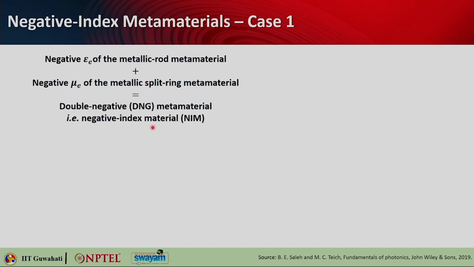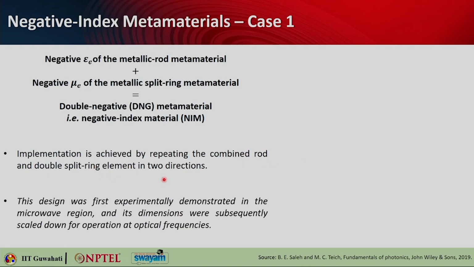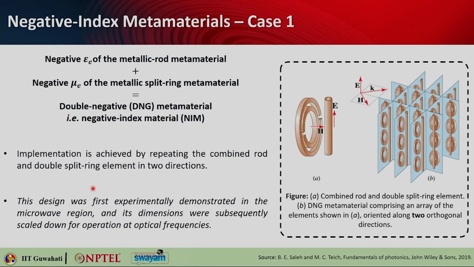DNG metamaterials are also called negative index metamaterials or NIM. The implementation is achieved by repeating the combined rod and double split ring in 2 dimensions. The design was experimentally demonstrated in the microwave region first, and then its dimensions were subsequently scaled down for operation at optical frequency, and this is the structure.